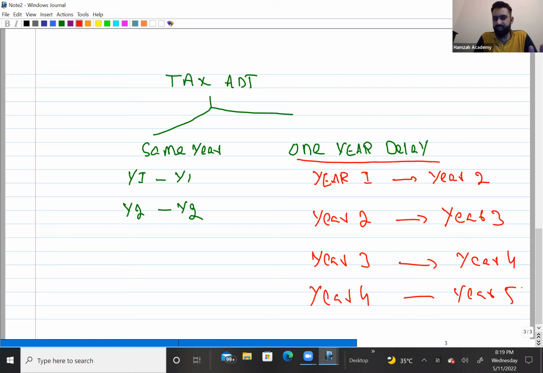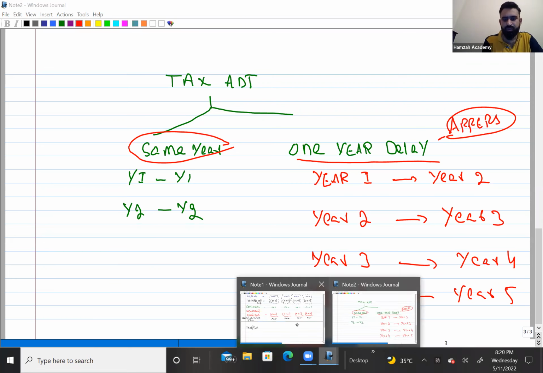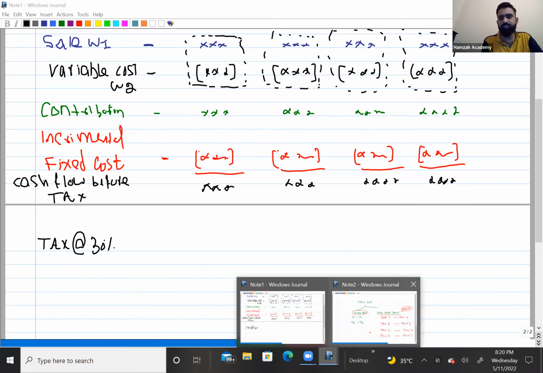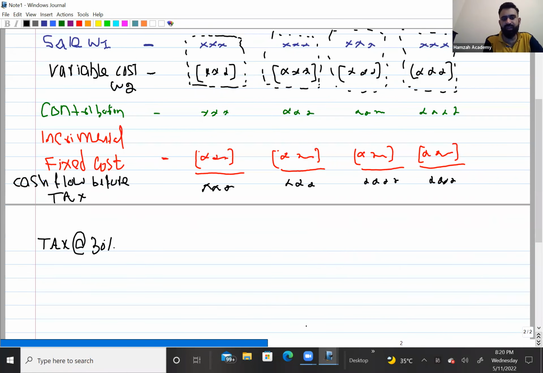But we should know that same year means the tax will be paid in the relevant year, and 1 year delay means the tax of year 1 will be paid in year 2. That is known as 1 year delay. It is also known as arrears. Tax will be paid in arrears. Now, in this pro forma, just for understanding purposes, I'm assuming that we will pay the tax with 1 year delay. So if the tax is with 1 year delay, that means no tax will be paid in year 1.